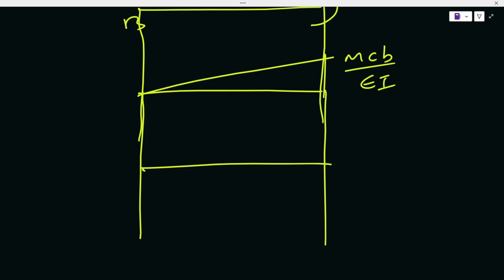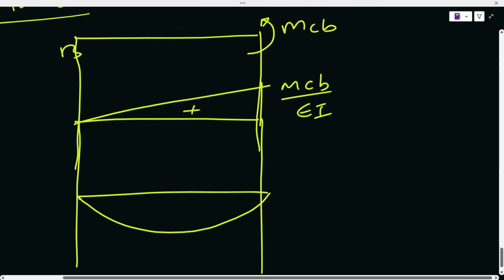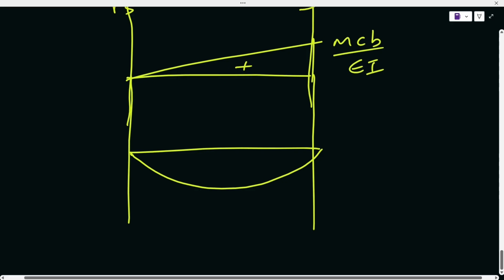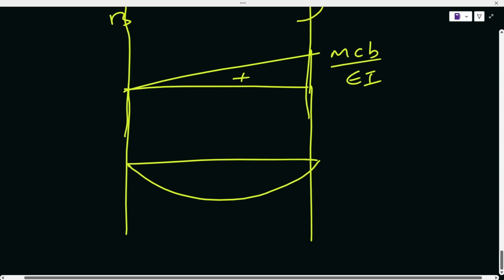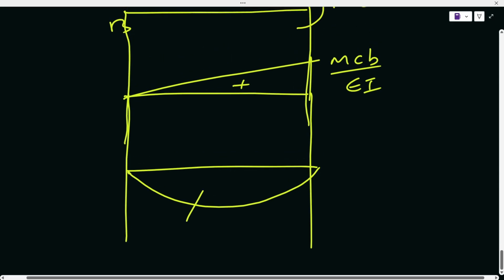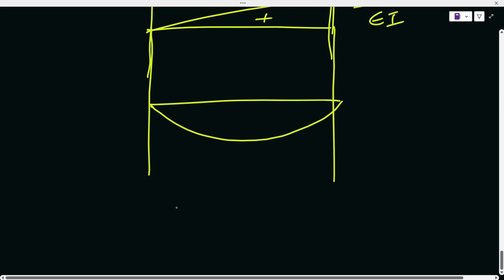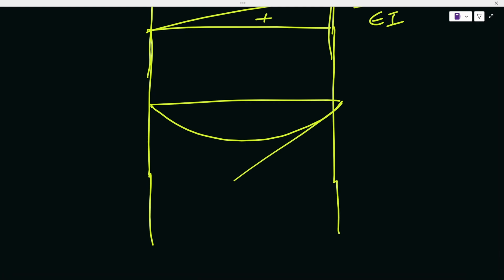Now, this is a positive moment diagram. It means that we'll be having a smiling face as our elastic curve. So we need delta.